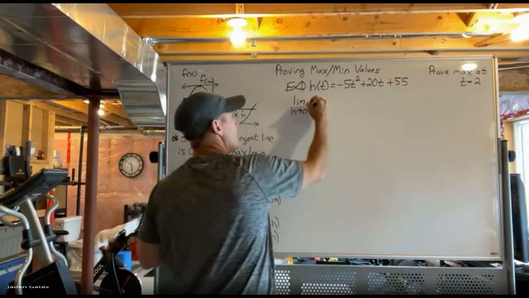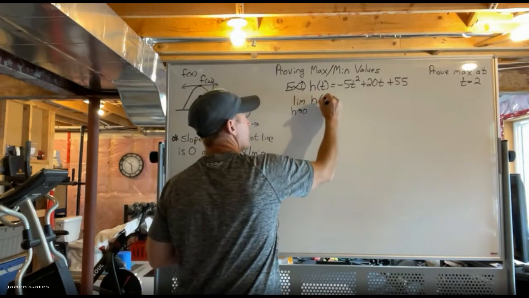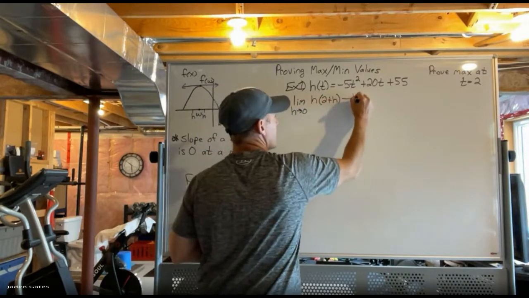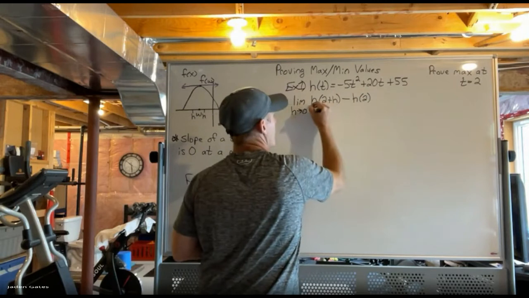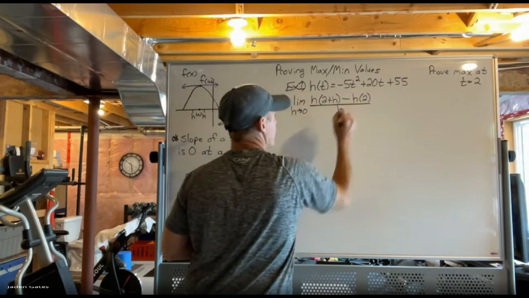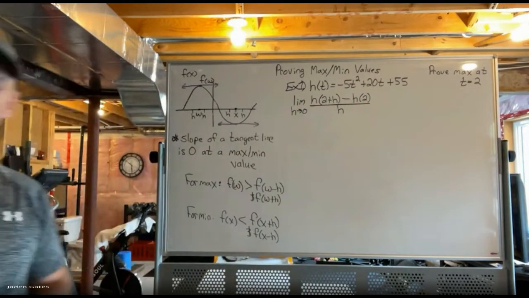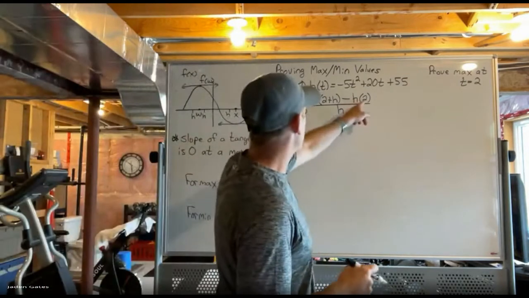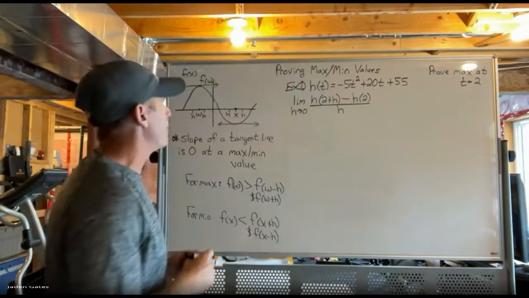Now our t value there is 2, and our function here is the h function. So our first one here, we're going to have h of 2 plus h minus h of 2, all over h. So we're going to find our instantaneous rate of change at 2. Again, it's easier for me to just find h of 2 by plugging into the formula.